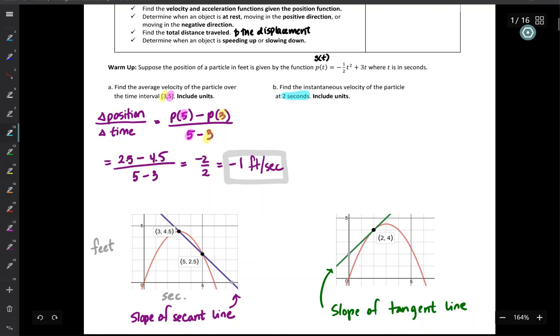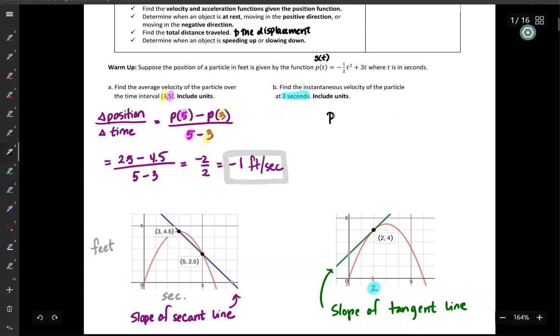Right? So there's that 2. All right. So we do not need to estimate this anymore. We now know how to go ahead and take the derivative. The derivative of the position function will tell me the slopes of the tangent lines at any point on the curve. In other words, it'll tell me the velocity at any point on the curve.